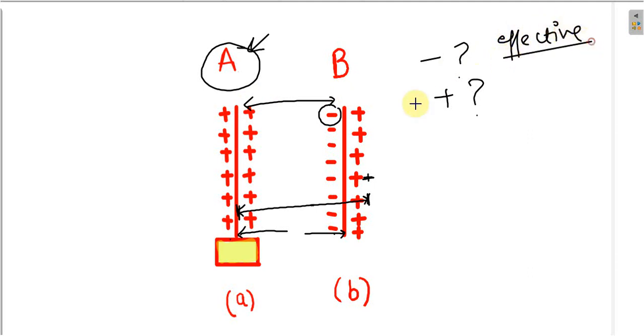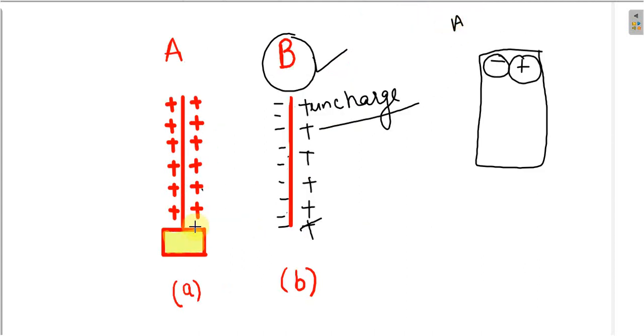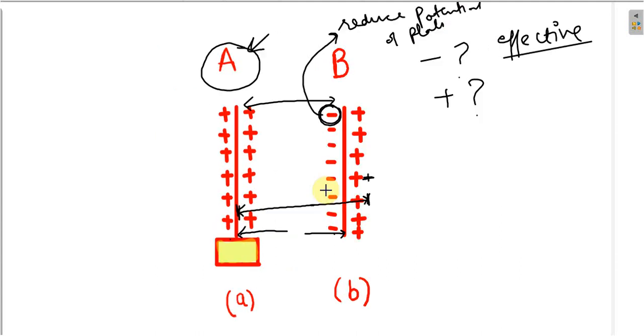This negative charge tries to reduce the potential of plate A, and similarly this positive charge tries to increase the potential of plate A. So now the question is, which is more dominating?